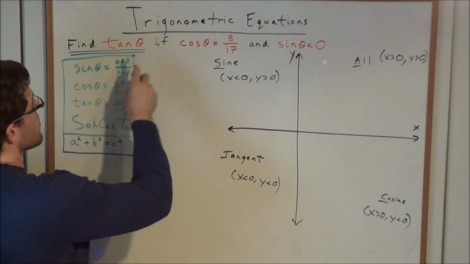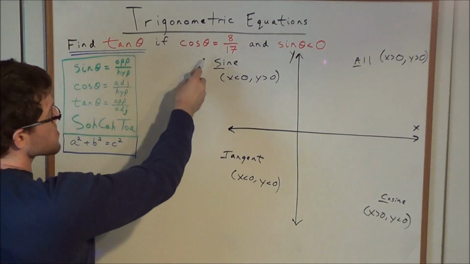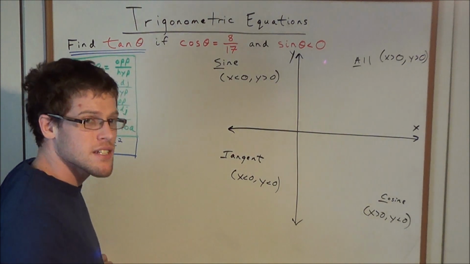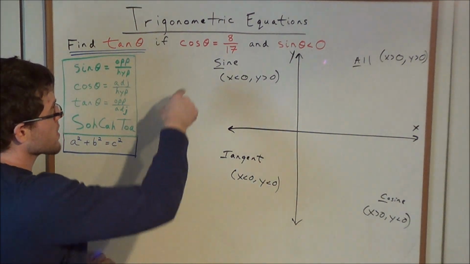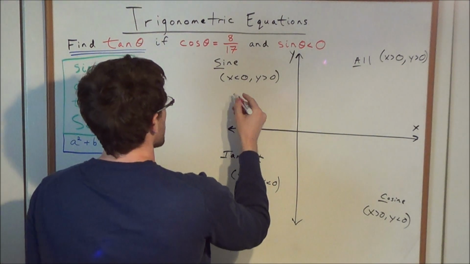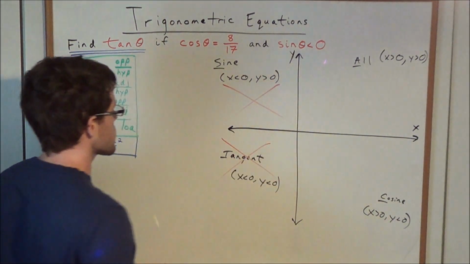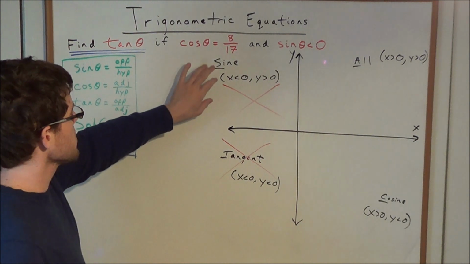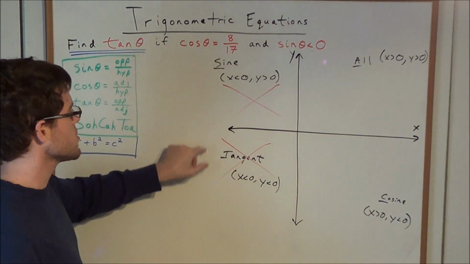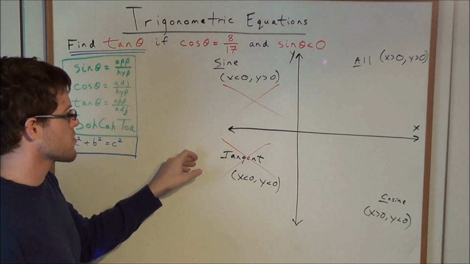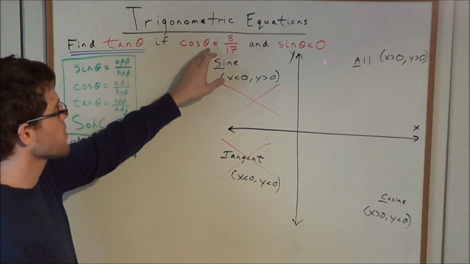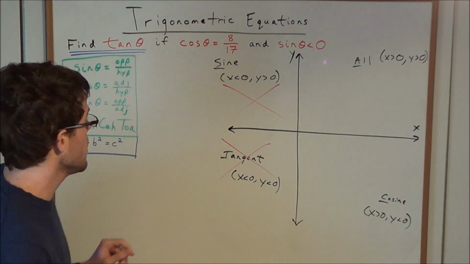We have: find tangent theta if cosine theta equals a positive 8 over 17. The fact that cosine is positive automatically eliminates quadrant 2 and quadrant 3, because sine and tangent are positive in the second and third quadrants respectively. So there's no way that cosine could be positive in those quadrants.